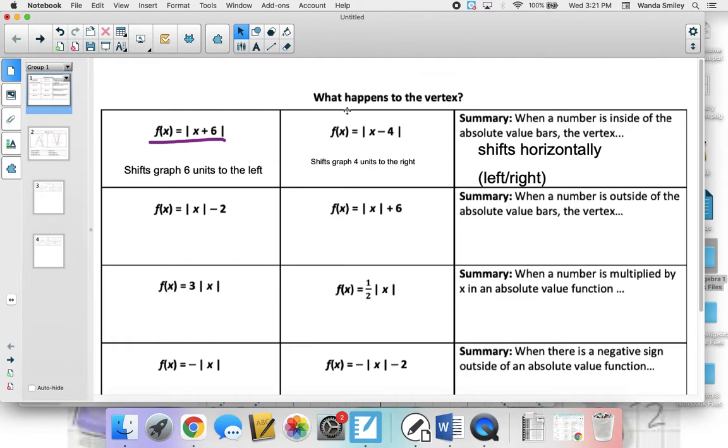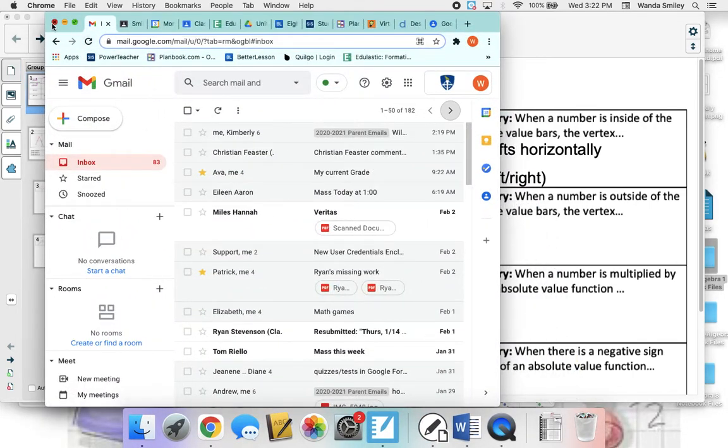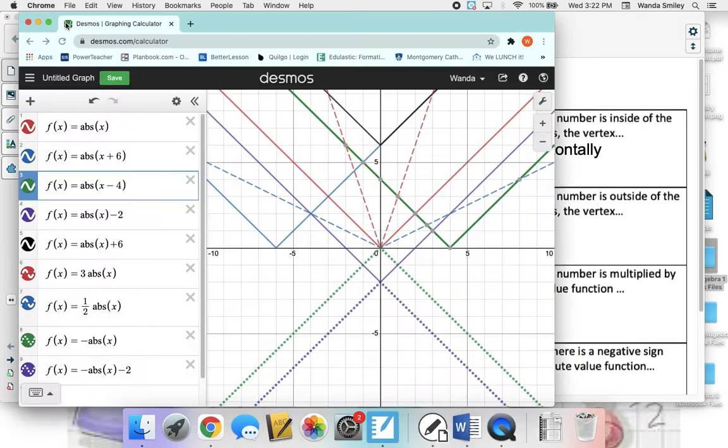Okay, then for the second part, which are these equations, we looked at these numbers right here. So in the first one, we were looking at these numbers. When we look at the Desmos again, you see that the purple line shifts down 2 and the black line shifts up 6.